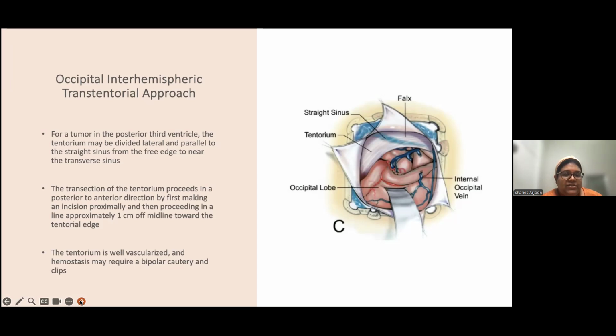The transection of the tentorium proceeds in a posterior to anterior direction by first making an incision proximally and then proceeding in a line approximately 1 centimeter off the midline towards the tentorial edge. The tentorium is well vascularized, and hemostasis may require bipolar cautery and clips.